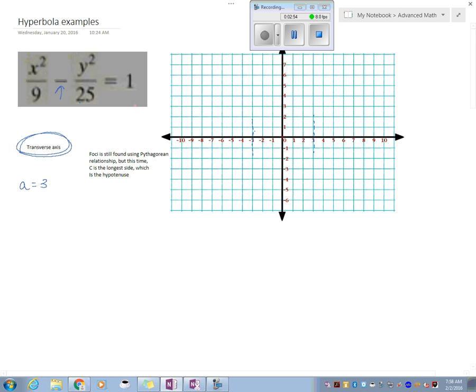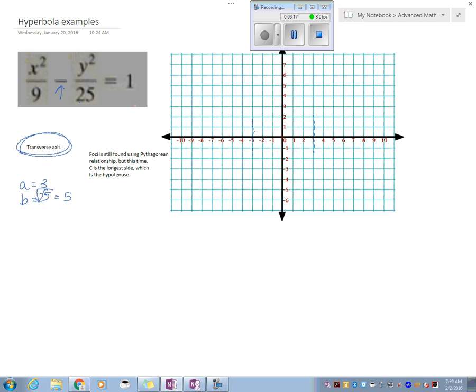B is going to be the square root of 25, which is 5, right? Now, remember in the other one, it had a Pythagorean relationship, but A was the hypotenuse. In this one, C is again the hypotenuse. So they're just trying to mess you up.